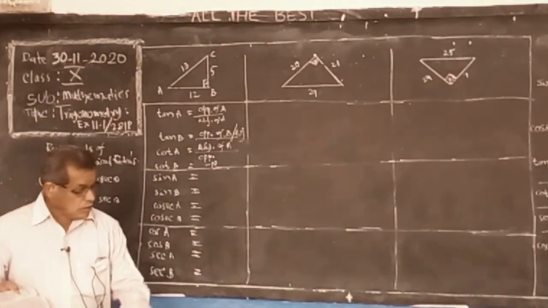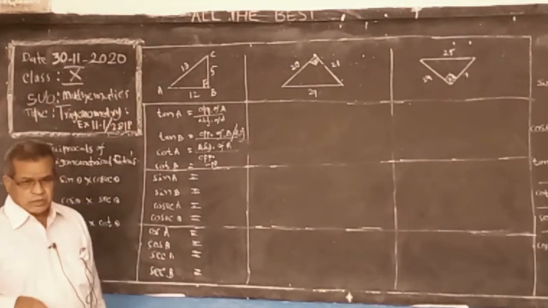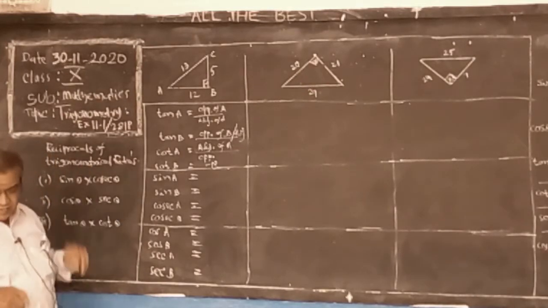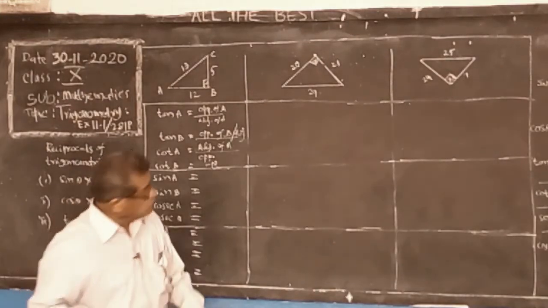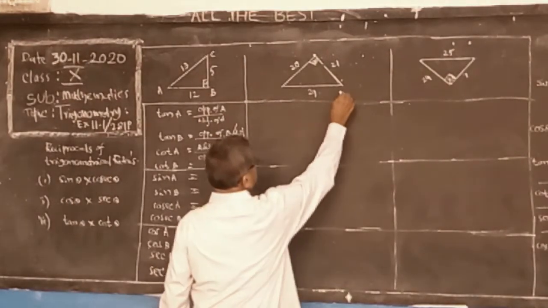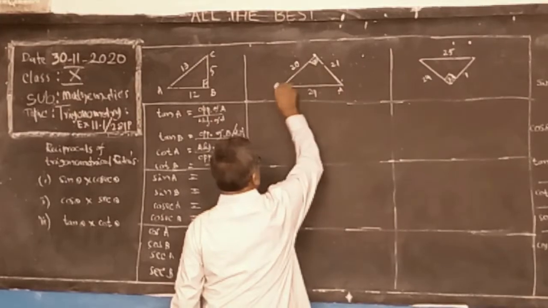Now, here three triangles are given with a changing hypotenuse.